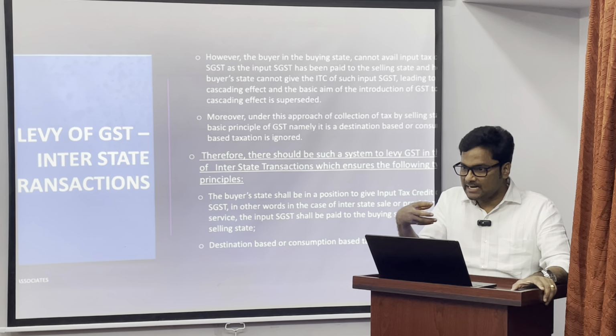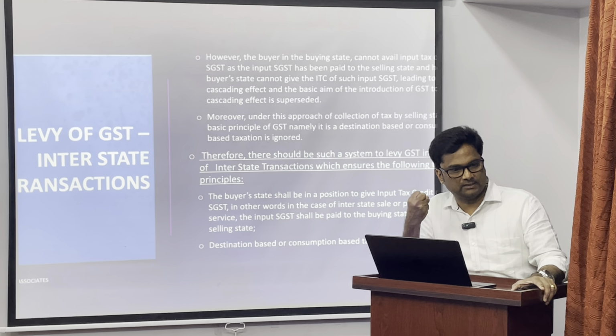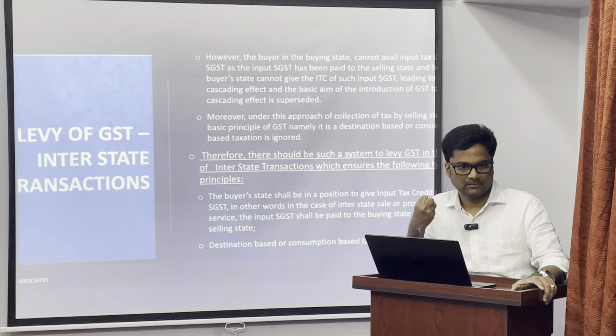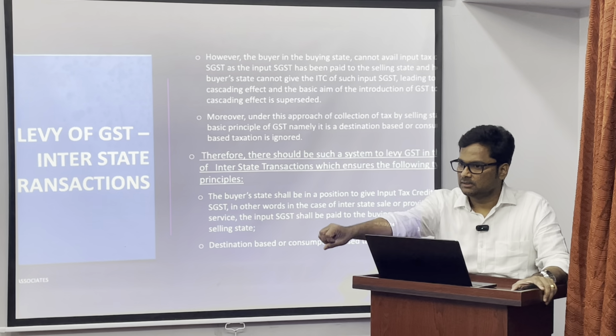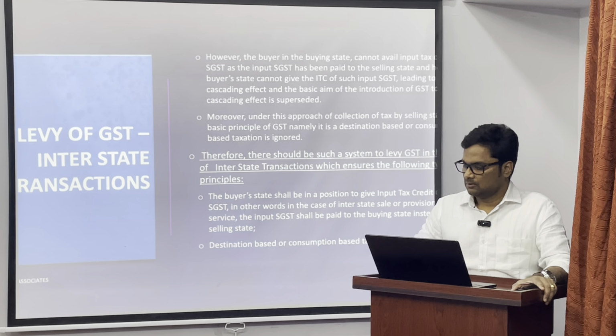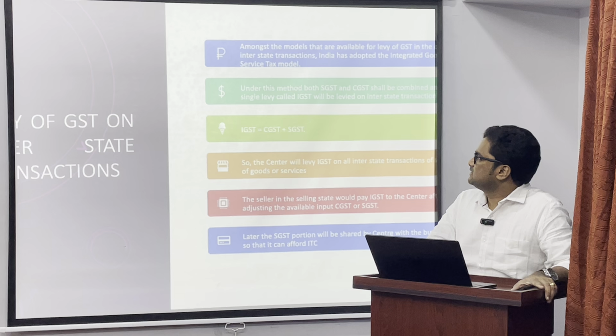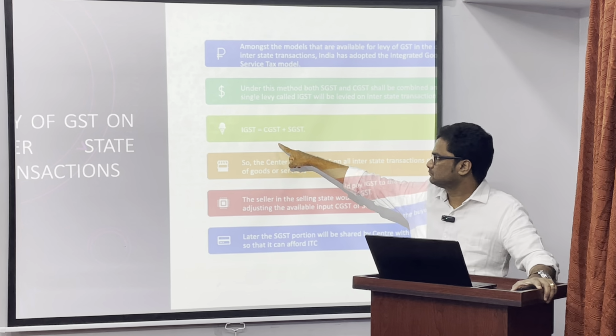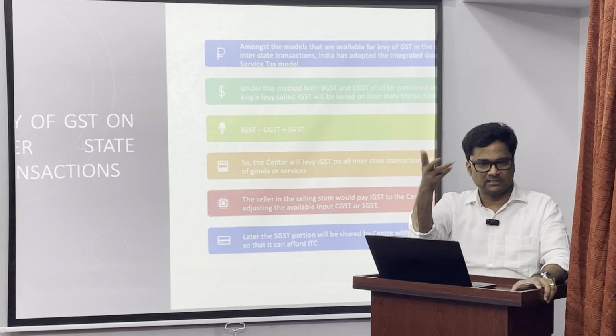So, there should be a mechanism in such a way that the buyer state should get the GST, input tax, so that they can give input tax credit. So, in IGST what happens, and IGST is equal to 18%.